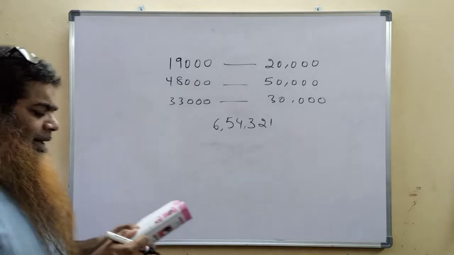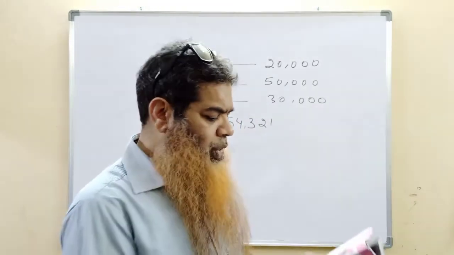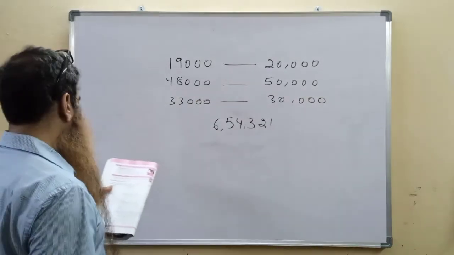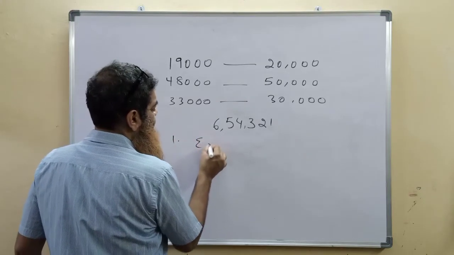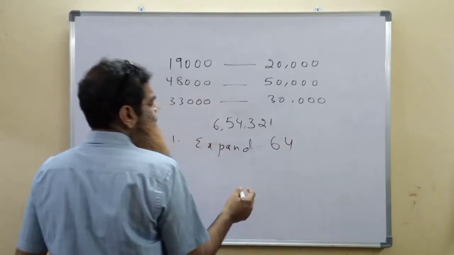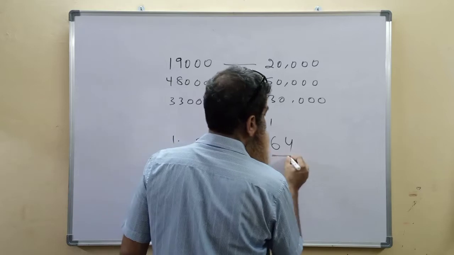We have already learned how to expand a number using place value. Recall how you expand a 2-digit, 3-digit, 4-digit and 5-digit number. The first question in this is expand 64. You can understand from reading itself, 60.